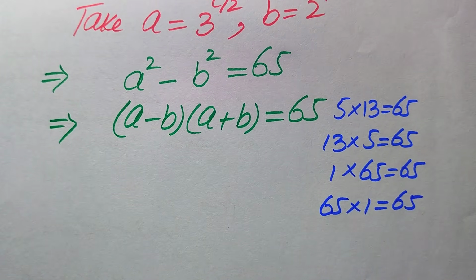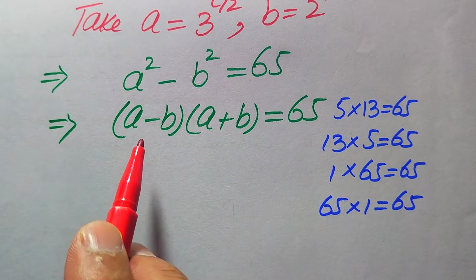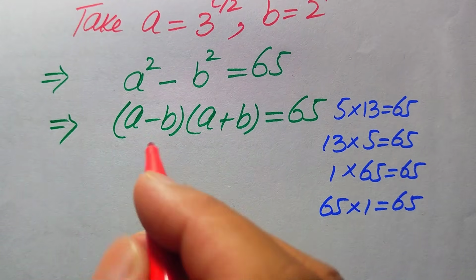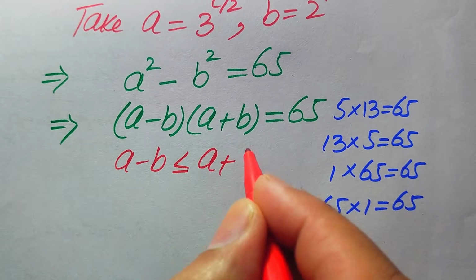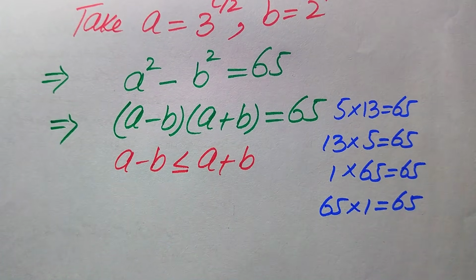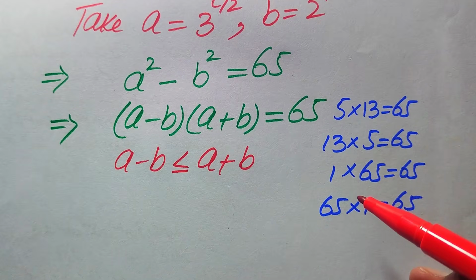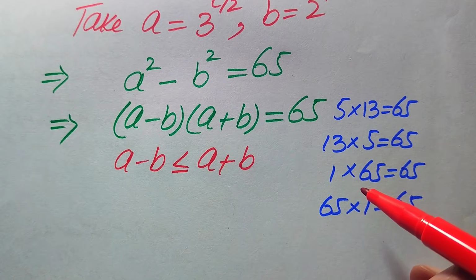So we have these four possibilities which we compare with our left hand side. If we make the relation between a minus b and a plus b, a minus b is always less than or equal to a plus b. So here we choose those pairs of numbers in which the first number is less than the second number.